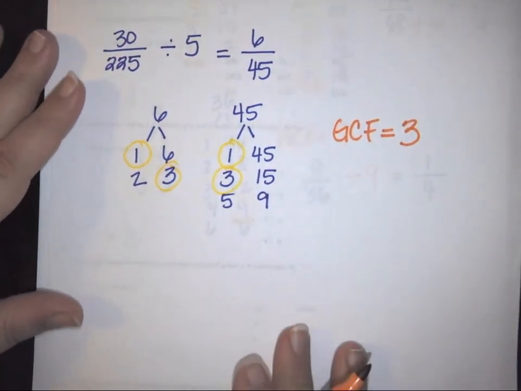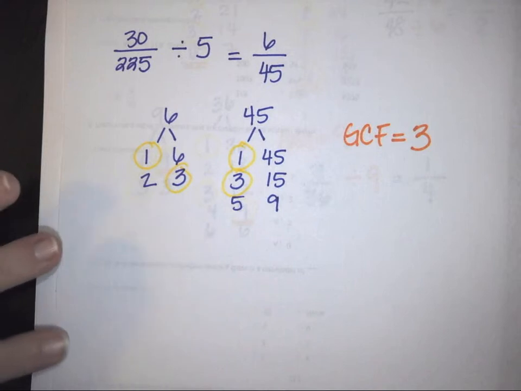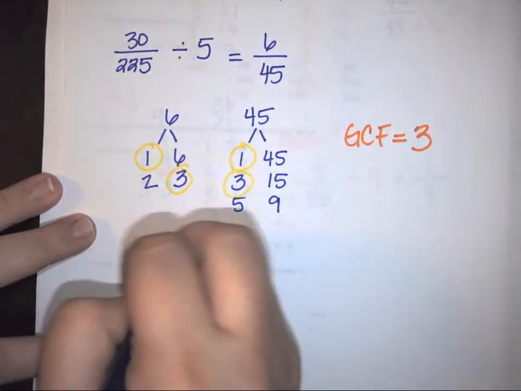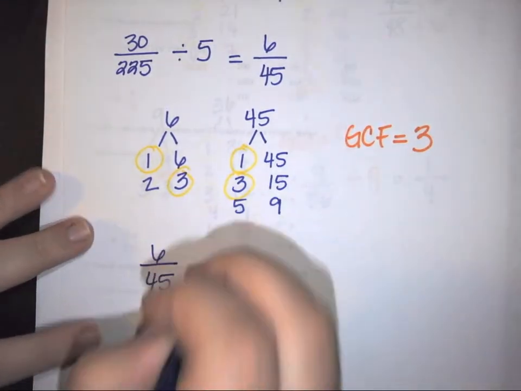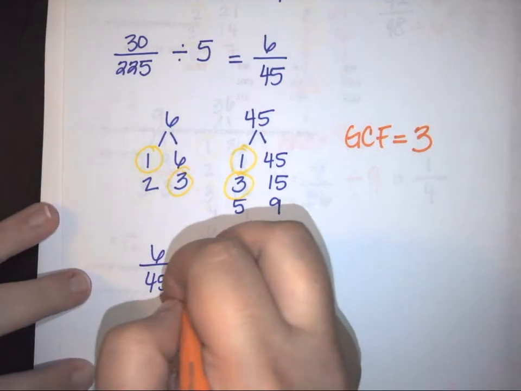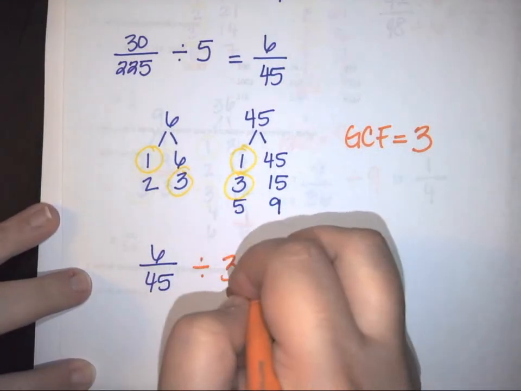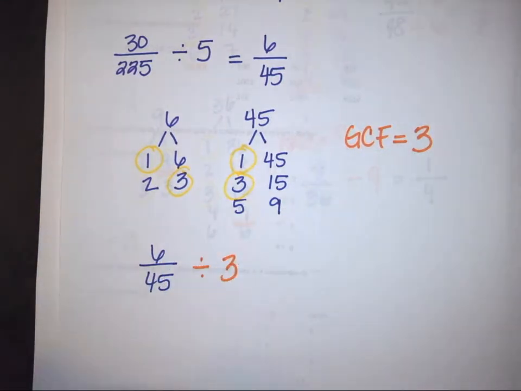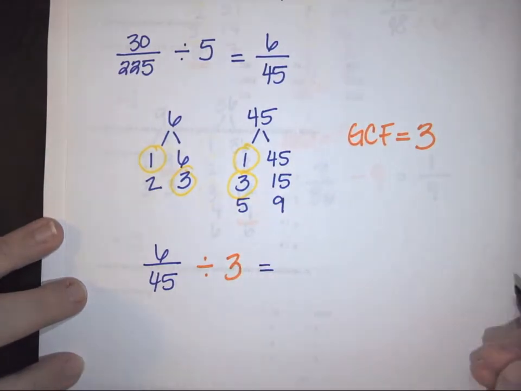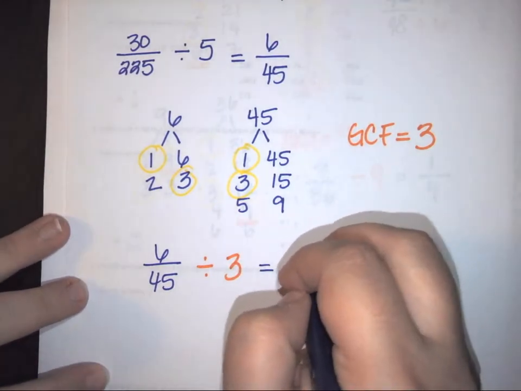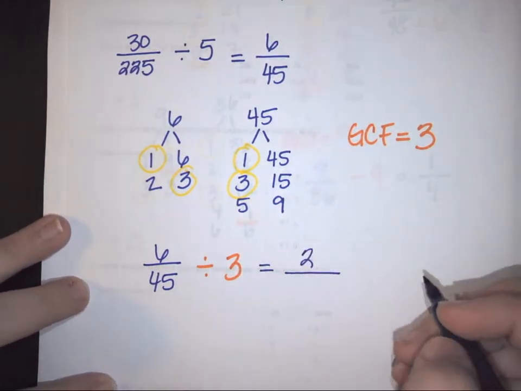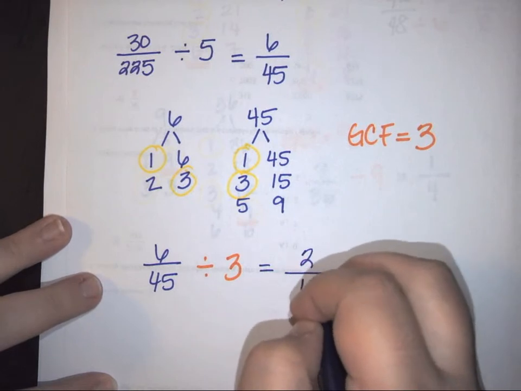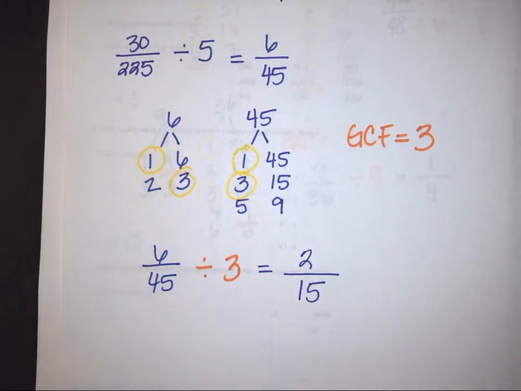Therefore, I'm going to take my fraction, 6 over 45, and divide it now by 3. So 6 divided by 3 gives me a 2. 45 divided by 3 gives me a 15. And that is as small as it goes.